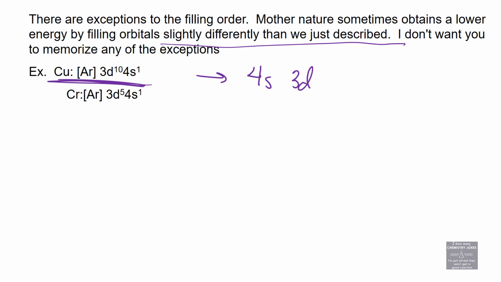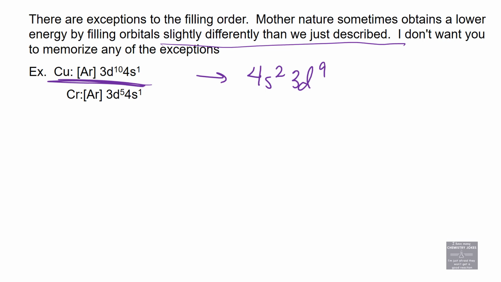I just said that we usually fill the 4s before we fill the 3d. So if something has 11 electrons more than argon, we would normally expect it to be 4s2 3d9. But instead, it adopts this configuration of 3d10 4s1.